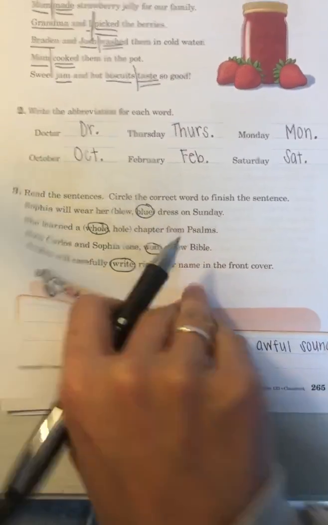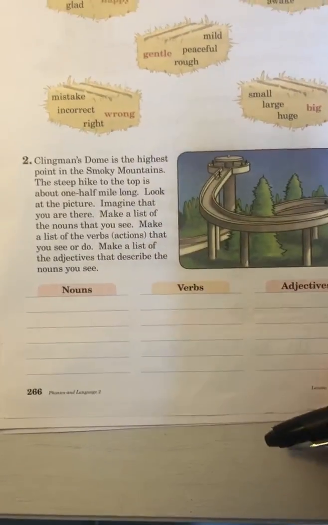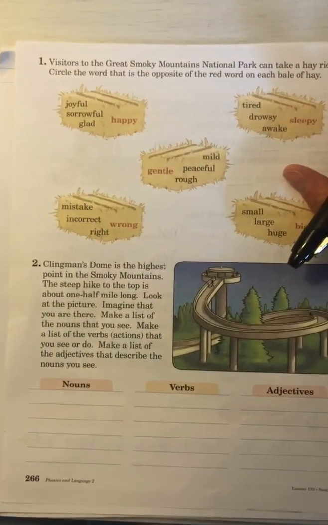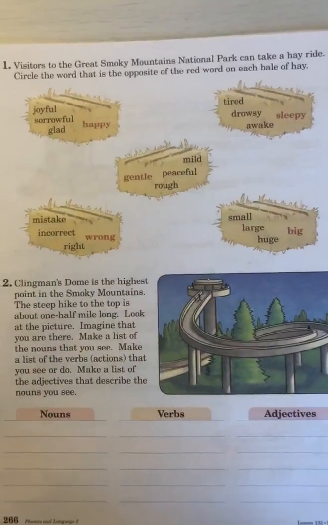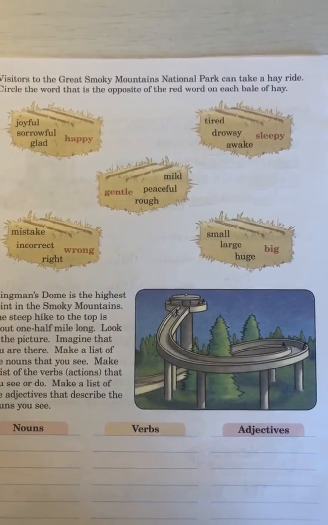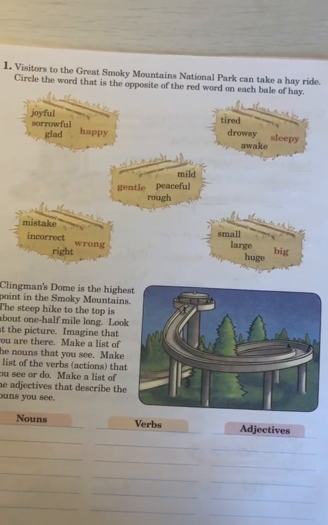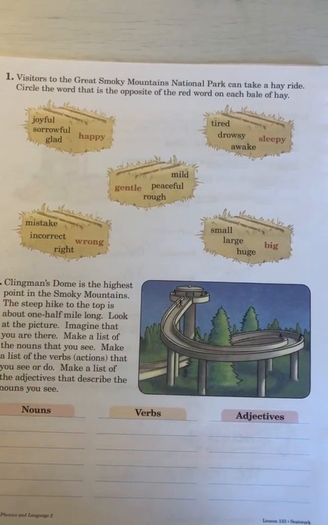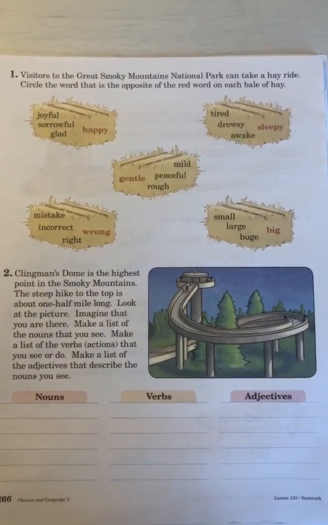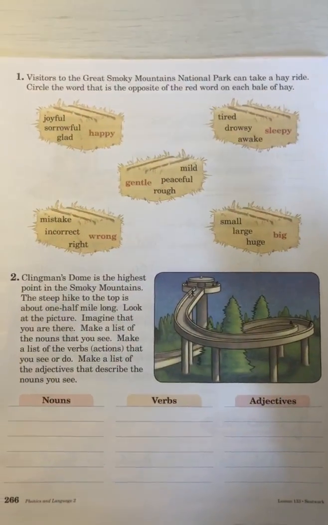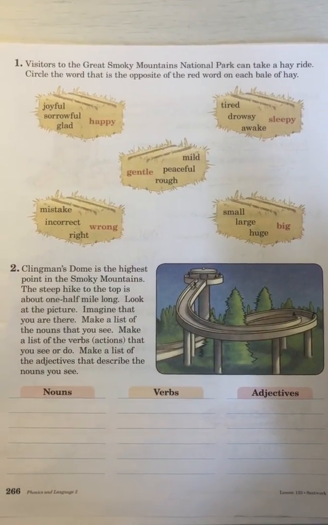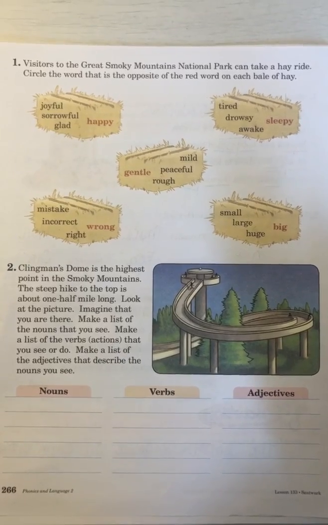Let's go over the seat work side on the back so I can read the instructions with you and hopefully clear up any questions that you may have, okay? All right, the first one says, visitors to the Great Smoky Mountains National Park can take a hayride. Circle the word that is the opposite of the red word on each bale of hay.